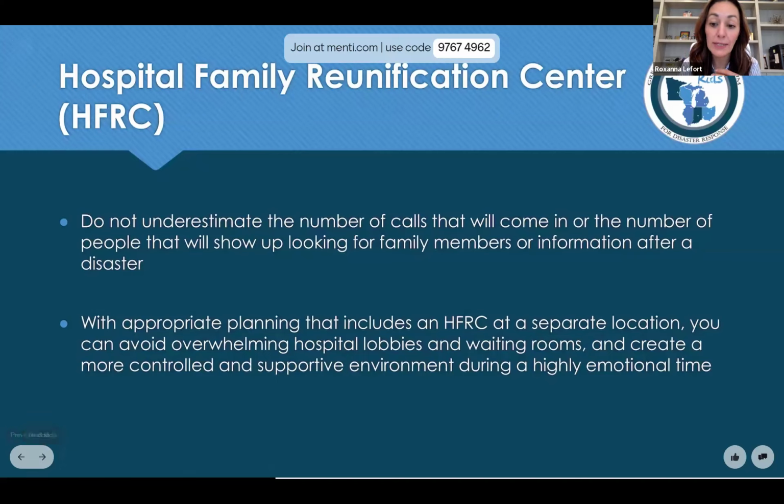So as they come in and identify as someone who's looking for information or trying to find a patient, you can direct them to the Hospital Family Reunification Center. It's going to be a separate location so that you can prevent overwhelming lobbies and waiting rooms and create a more controlled and supportive environment. Next slide.